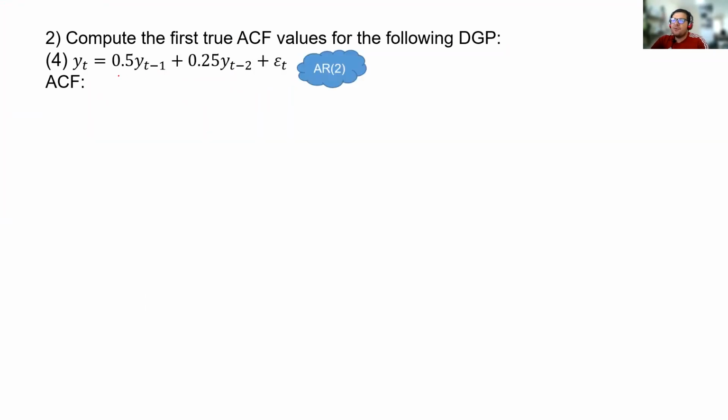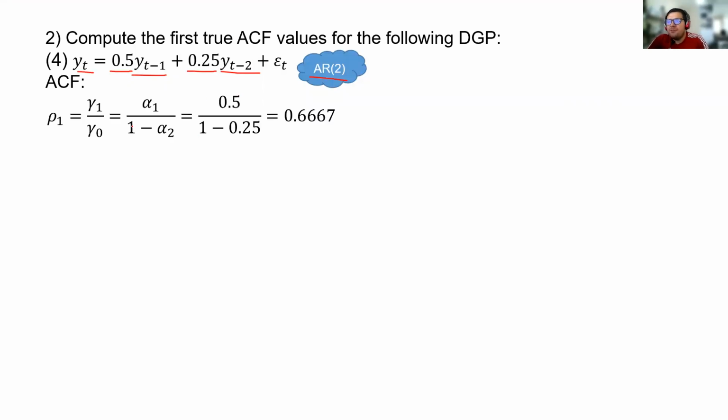Now, the next example is an autoregressive 2 model. So we have yt-1 and yt-2 as explanatory variables for yt, and we have alpha 1 to be 0.5, alpha 2 to be 0.25. Now, we did not work the ACF and PACF functions for an autoregressive 2 model, so I'm just giving you the answer.